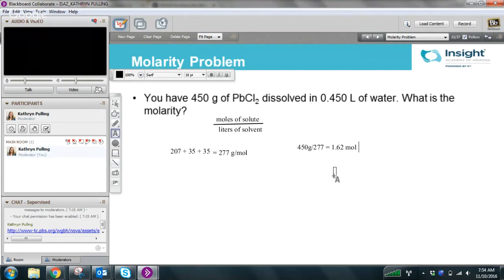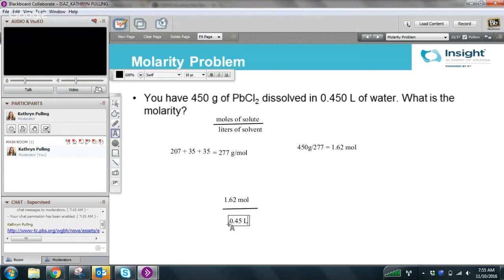Now that I have the two numbers that I need, I have my moles of solute, my volume. I'm going to finally plug this into my equation. I'll have 1.62 moles divided by 0.45 liters.